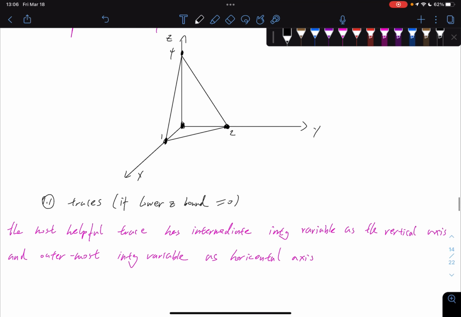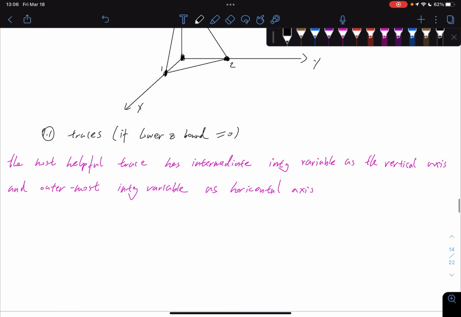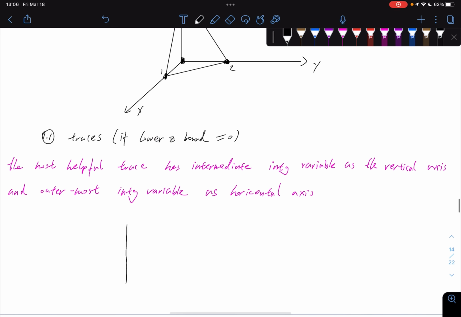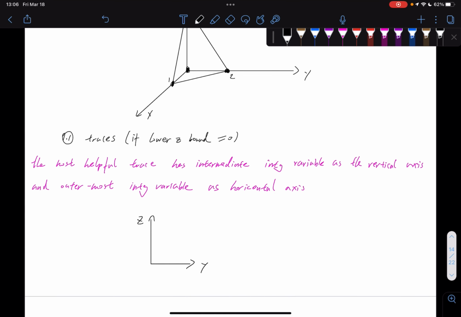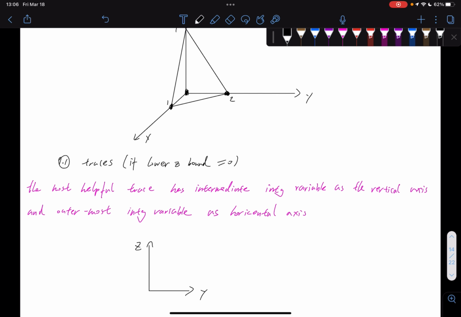We also figured out the most helpful trace is going to be the yz trace. But do we have anything to go by?